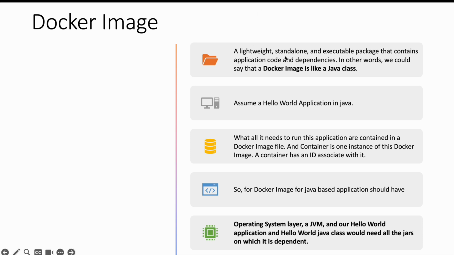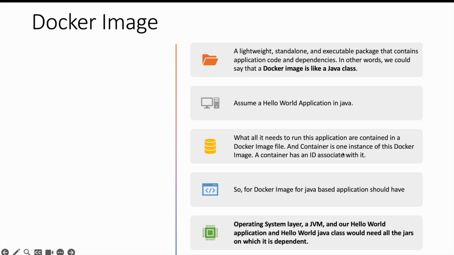So it is a lightweight, standalone and executable package that contains application code and all the dependencies. In other words, we could say that a Docker image is like a Java class. I'm saying like a Java class, it's not the complete Java class, as we'll see. Assume a hello world microservice in Java. What all it needs to run this microservice is contained in a Docker image file itself.